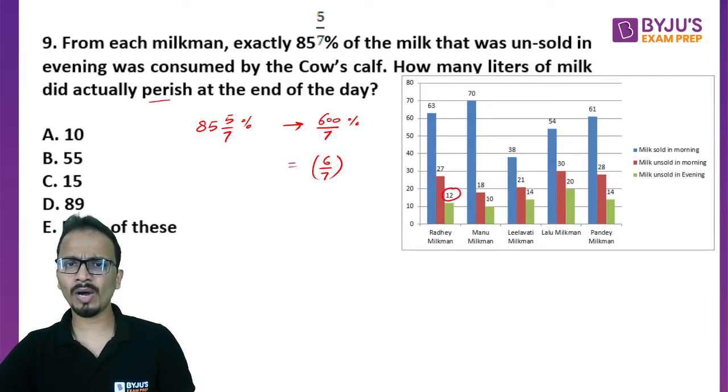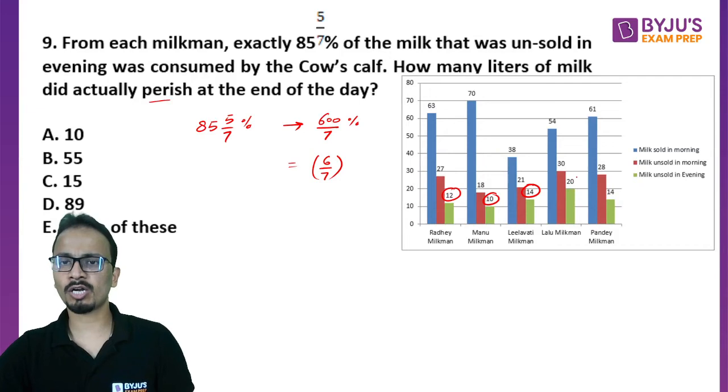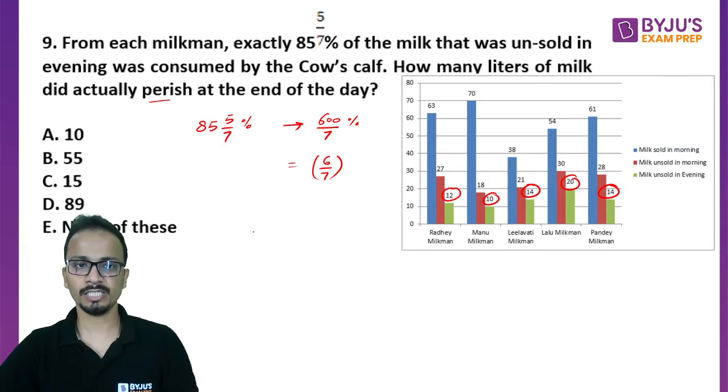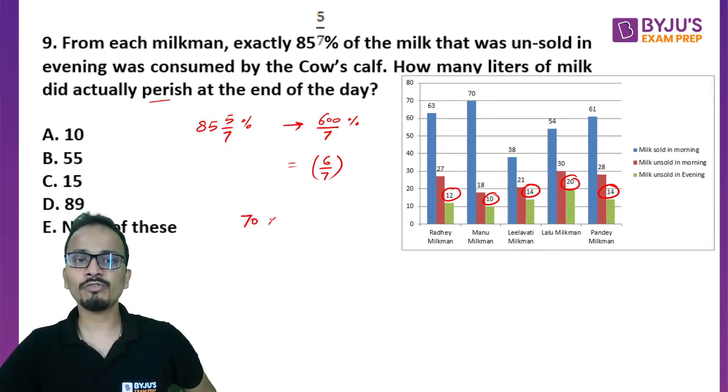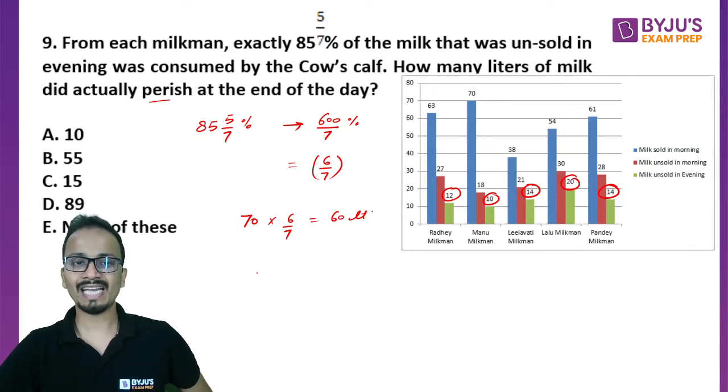So total jo unsold tha, let's talk about that milk. So 12 and 10, 22, 36, 56, 70. So 70 liters was unsold in the evening, out of which 6 by 7 was consumed by the cow's calf. So that means 60 liters was consumed. Now only 10 liters is left over.